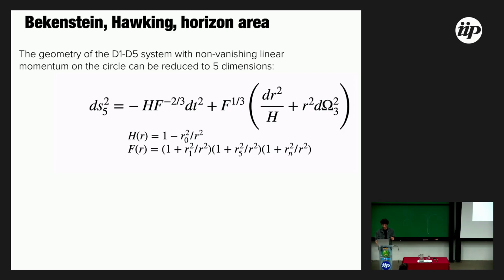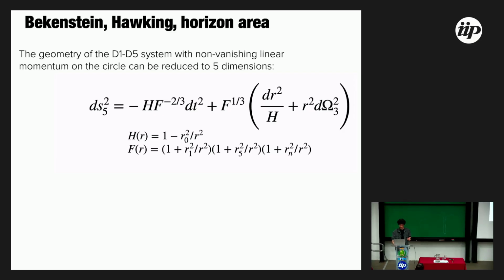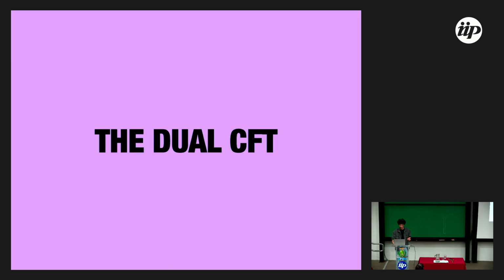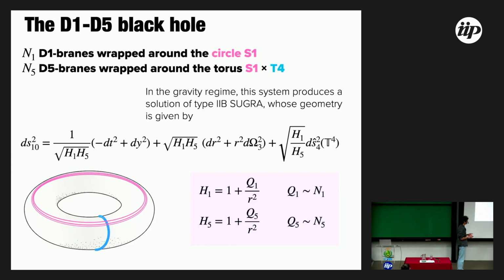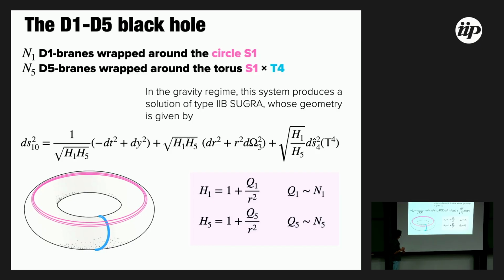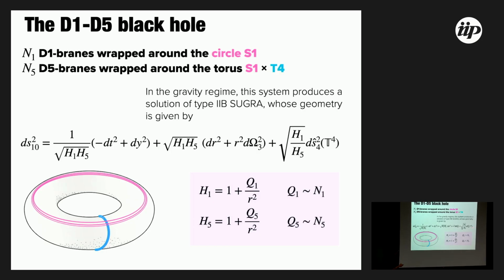you need to start with something different than the one I wrote. This one doesn't have momentum. It only has N1 and N5 branes. And the other one had two new numbers, NL and NR, which are momentum going around this pink circle. But you can do the compactification in this way. This has 10 dimensions, 4 of them are compact.